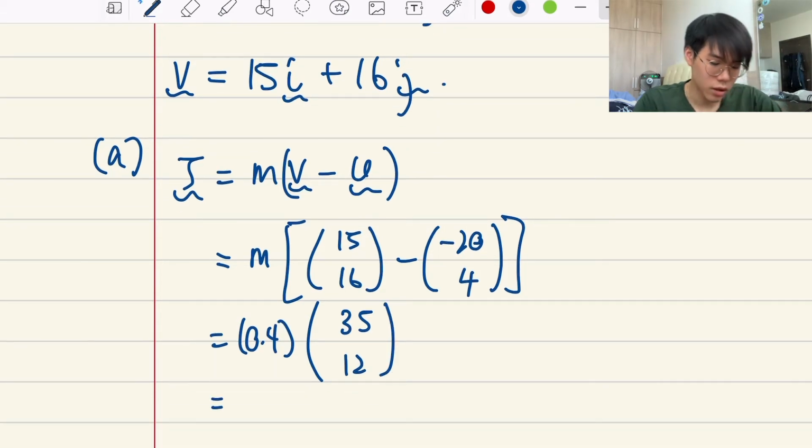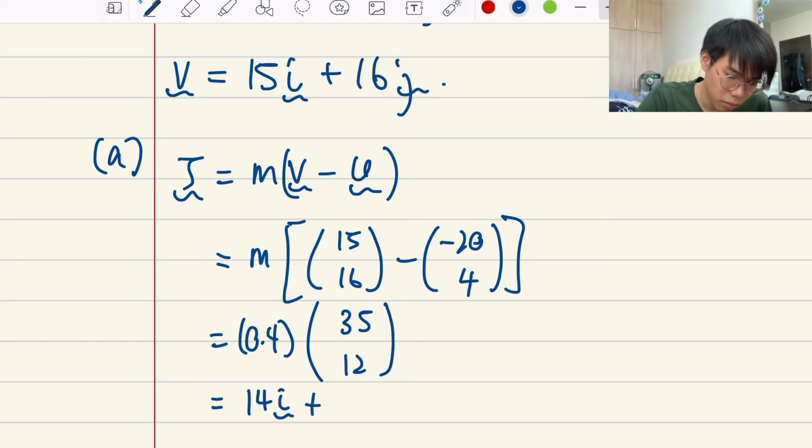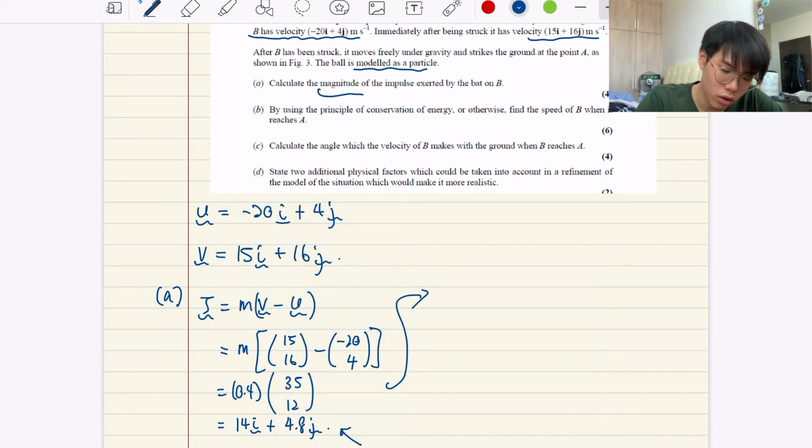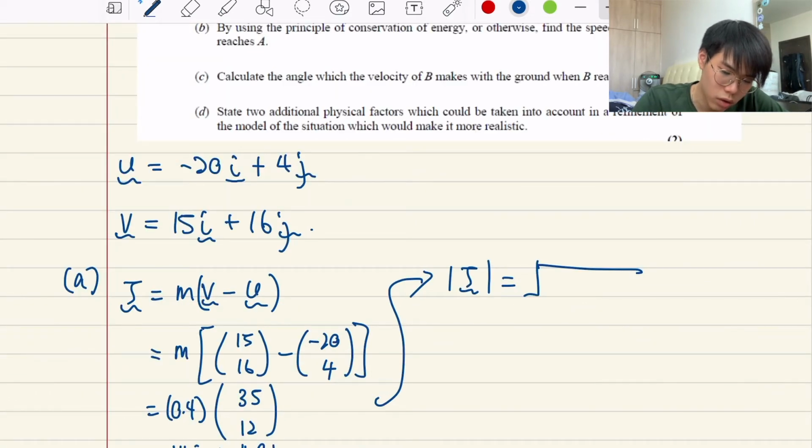So J is equal to 14i plus 4.8j. Since they want us to find the magnitude, we can't leave our answer in vector form. So we know that the magnitude of impulse is the square root of 14 squared plus 4.8 squared.